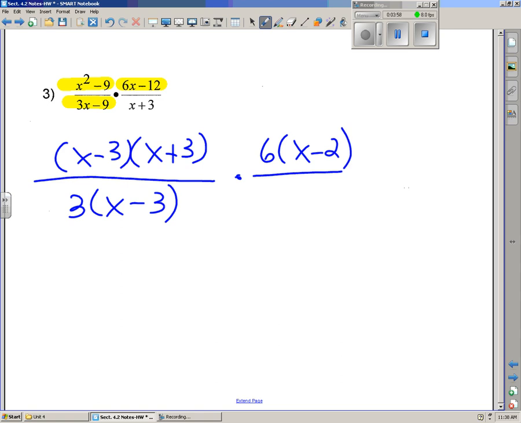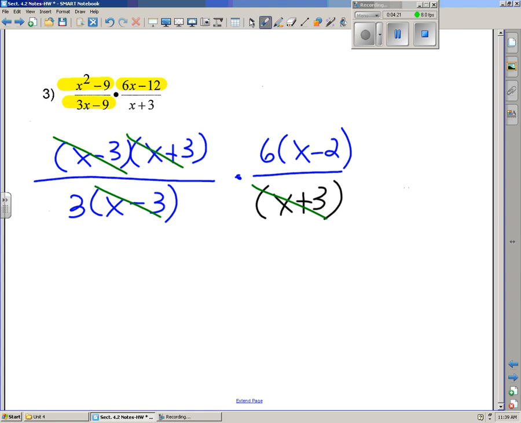And the bottom, which you could not factor, comes down as is, but it's also a binomial, so it should be in parentheses. As you start looking for common factors that cross out, things that cancel, it has to be on the top and on the bottom. So I can cross out this binomial for this binomial, and I can cross out this binomial for this binomial.